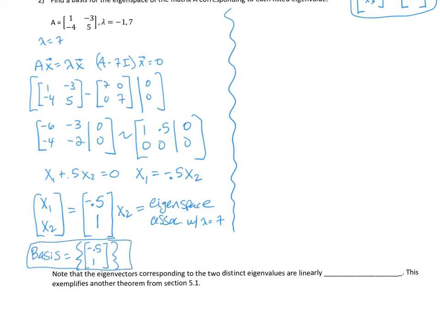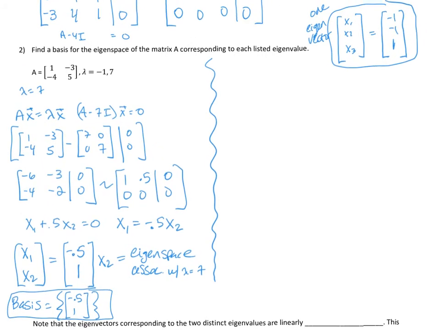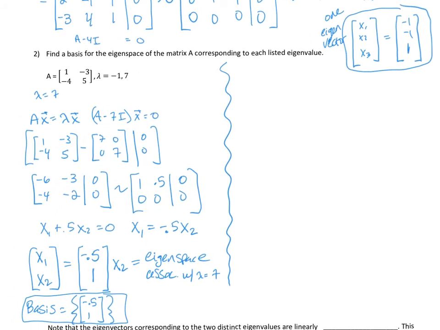Okay, then I'm going to do the exact same process for lambda equals -1. So I need to solve Ax equals lambda x for lambda equals -1. So I'm going to be solving A minus -1I times x equals 0.